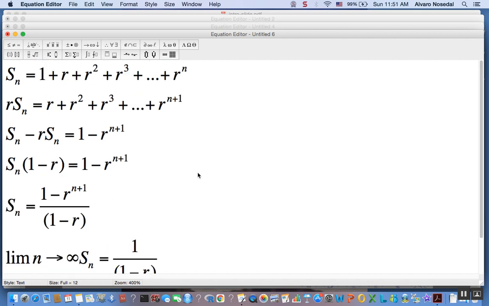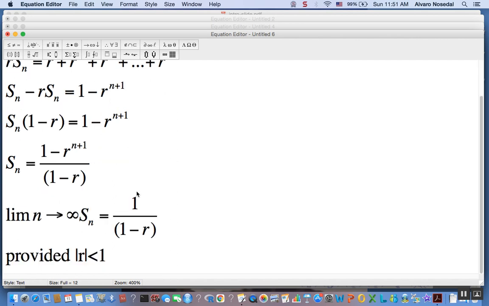So bottom line, we had the geometric series, and the value of that geometric series is going to be 1 over 1 minus r, provided that the absolute value of r is less than 1. Can you see that we have something very similar here?